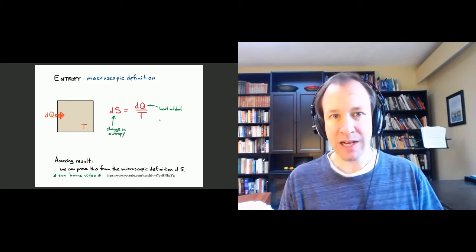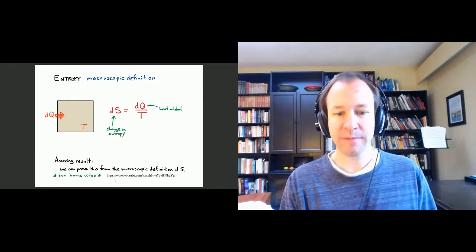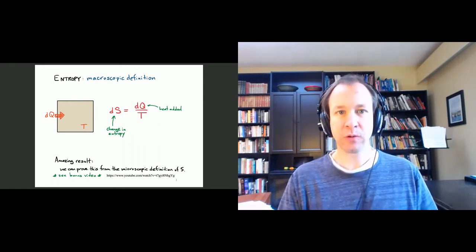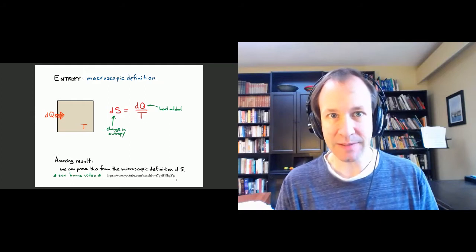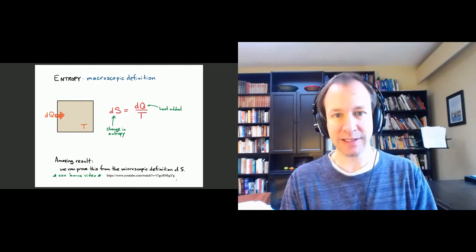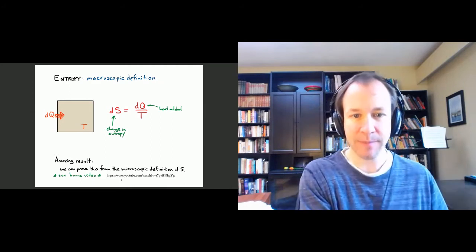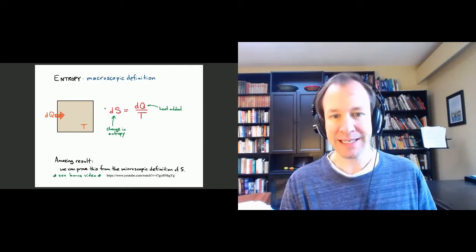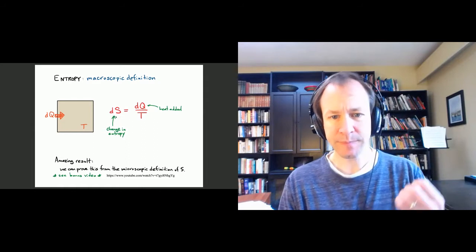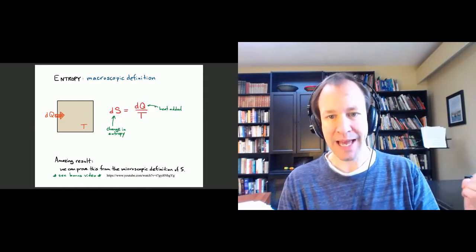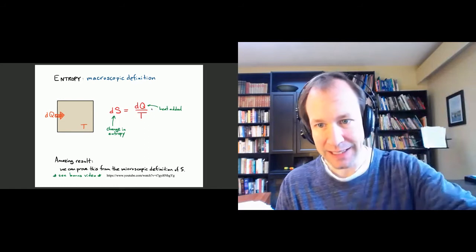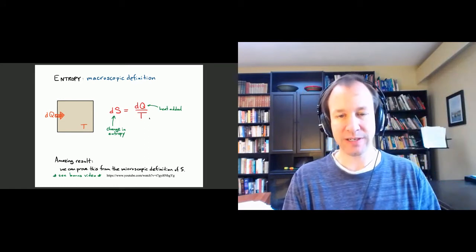So I won't talk about it in this lecture, but I've made a special bonus video where I explain this in some detail. I definitely recommend you have a look at that video if you're interested in how you go from the microscopic definition of entropy to this relation between the change in entropy and the heat added and the temperature of the system.